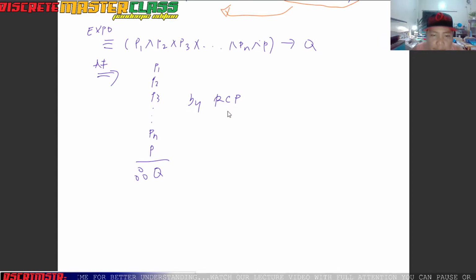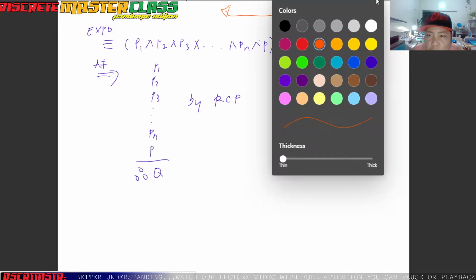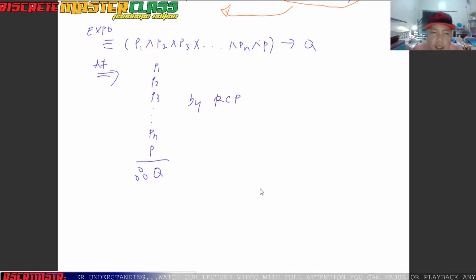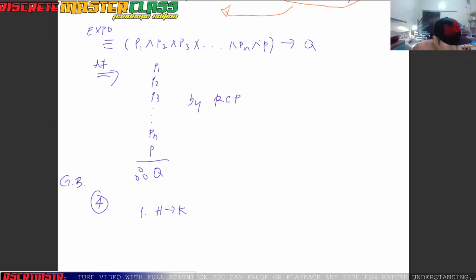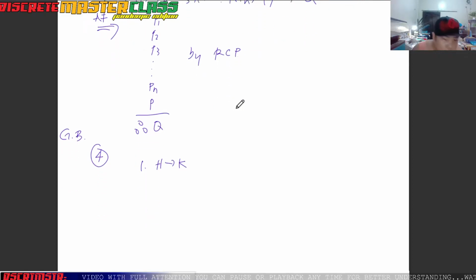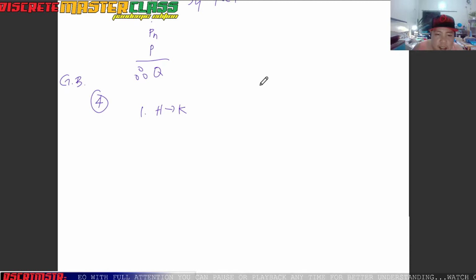Okay, now, paano yan? Application. Balikan natin yung sinulat ko kanina. Going back to number 4, we have H implies K, that's number 1, diretso na. Number 2, that's not implication, that's by conditional.